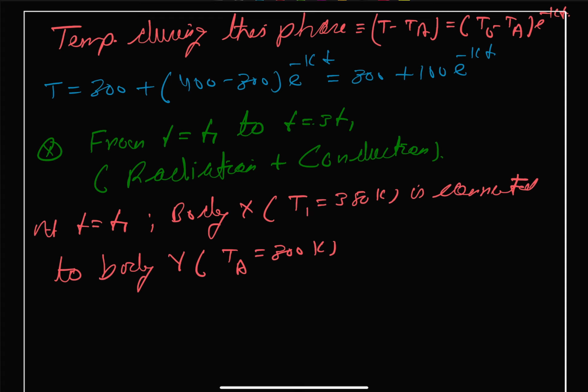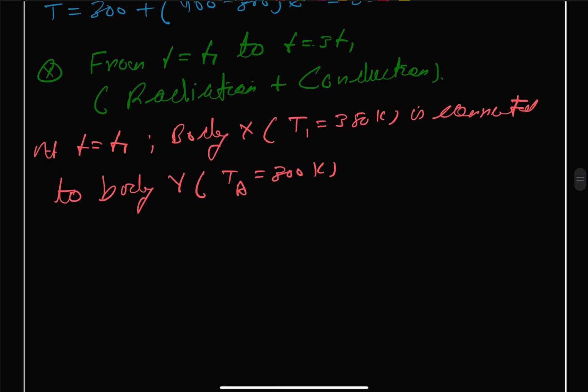And the conducting rod, its area, thermal conductivity, and length are given to us. So like I said, body X is going to cool through radiation as well as conduction.